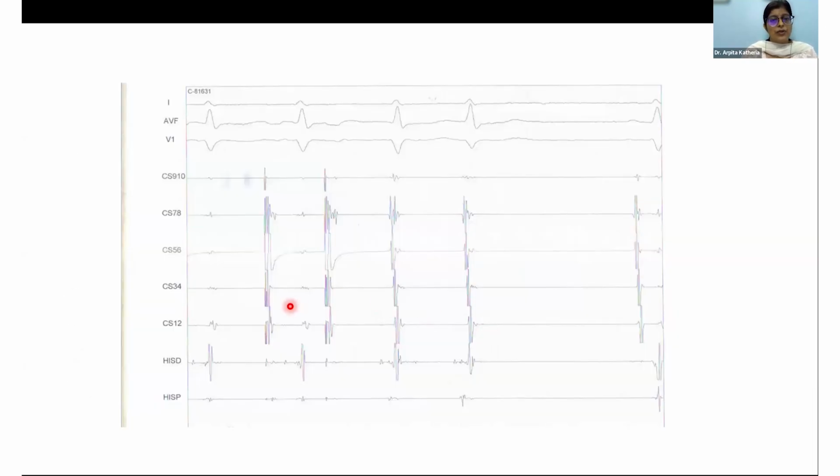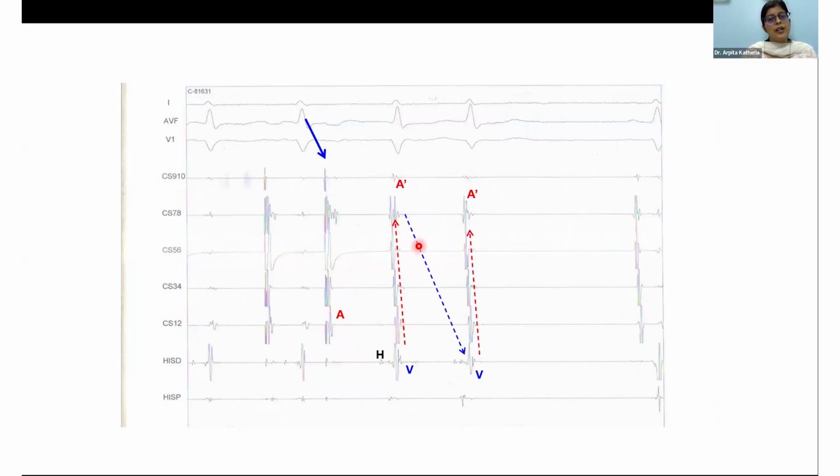Another example of pacing the CS. We have a CS pacing spike followed by an A wave. An AH jump is there, a prolonged AH interval followed by a V wave. Now what is happening is this impulse traveled from the atria to the ventricle through the slow pathway in the AV node, came back up the fast pathway.